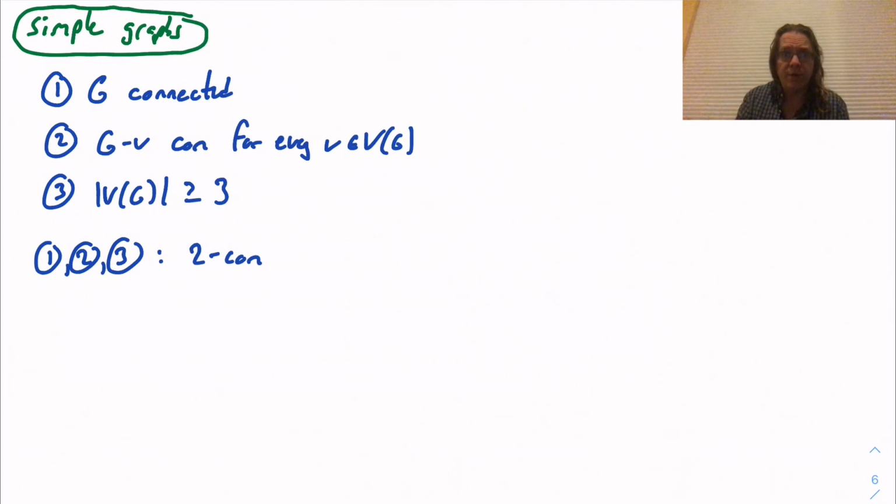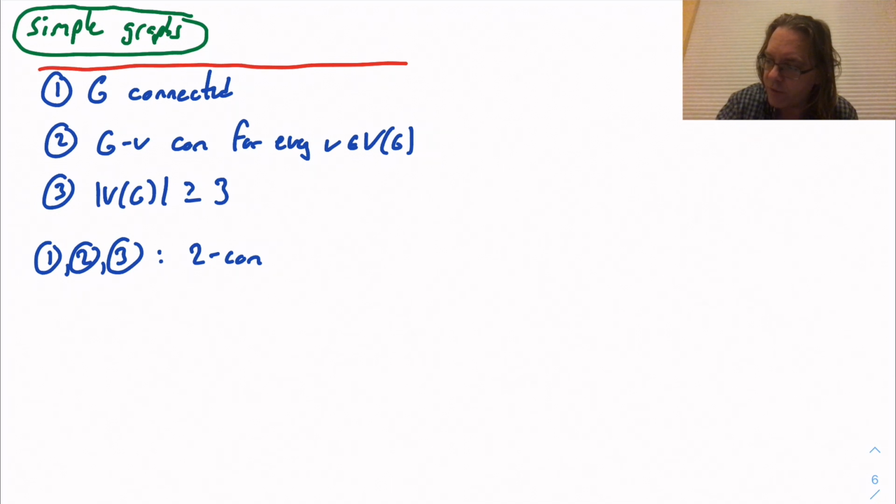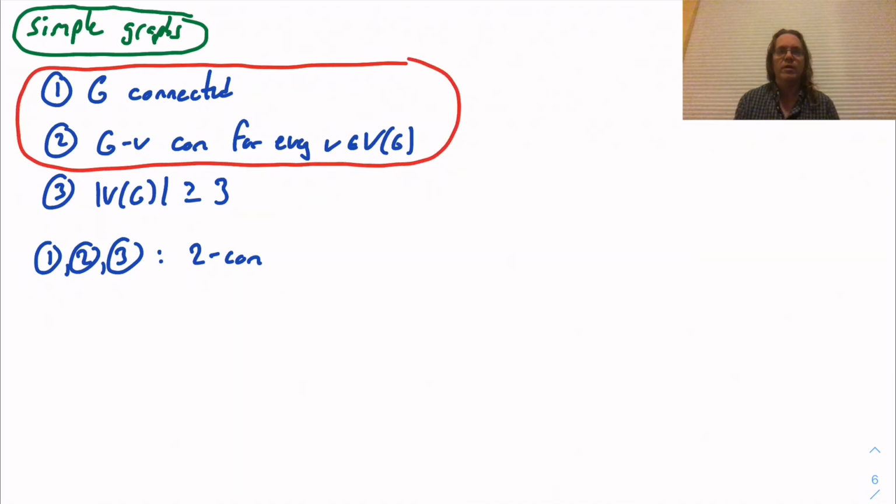But in order to get there, what I want to do for a moment is just focus on what it means for a graph to satisfy just the first two properties here. Suppose I gave you a graph that's connected, and I promise you that however you delete a vertex, you stay connected. Well, this is almost a two connected graph, right? If I just added the assumption you have at least three vertices, then I'm talking about two connected graphs.